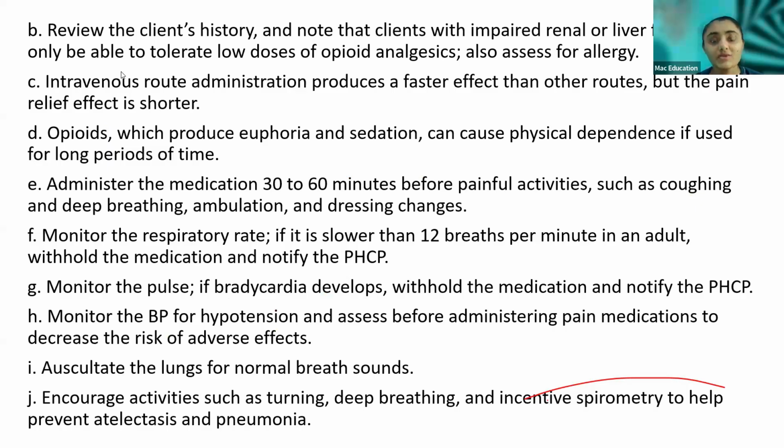Review the client's history and note that clients with impaired renal or liver function may only be able to tolerate low doses of opioid analgesics. Also assess for allergy. If the doctor is prescribing opioid analgesics to a patient, we always have to check renal and liver function, because all drugs are metabolized in the liver and excreted through the kidney. If renal and liver functions are impaired, the patient can tolerate only low doses.